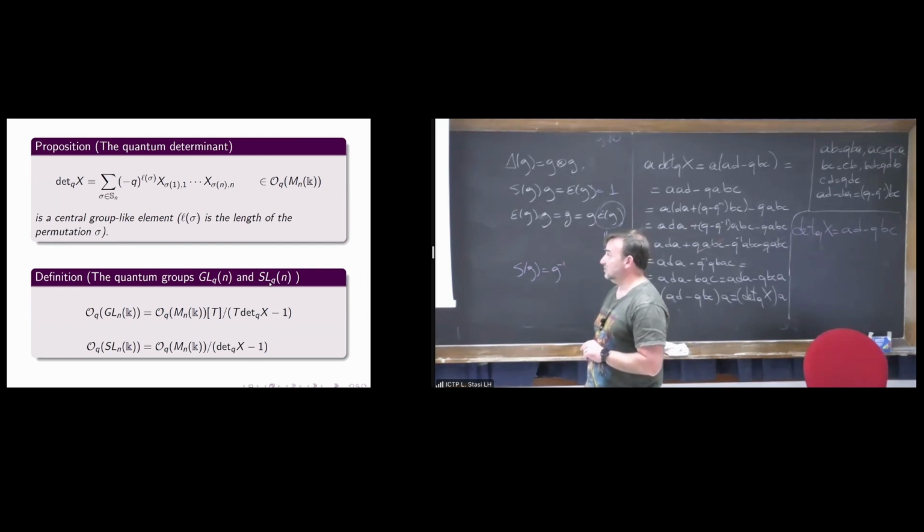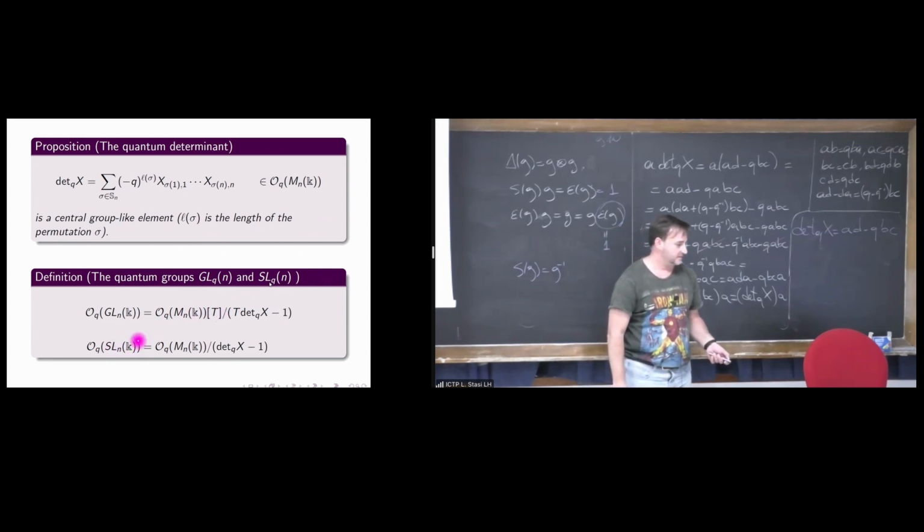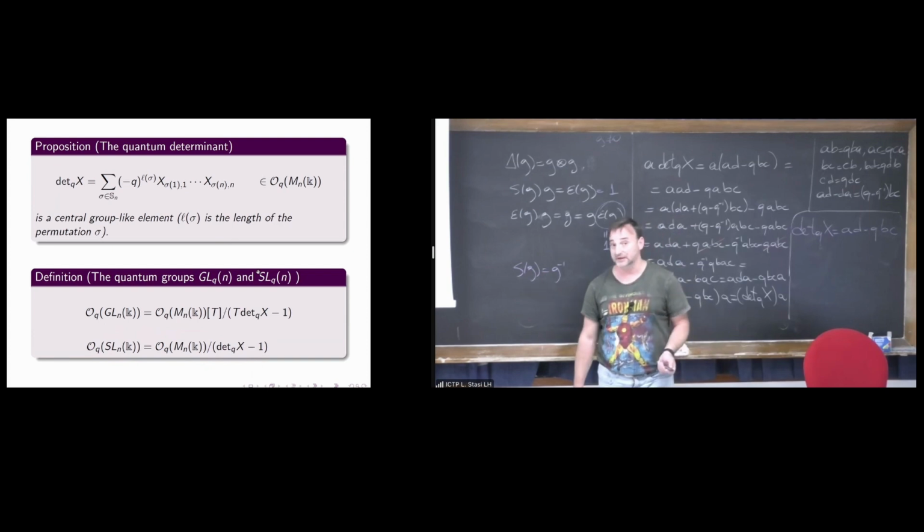So it works like the determinant, and so we quantize our definition for the quantum group SLN. What was the algebra of functions over SLN? It was the algebra of functions on matrices divided by the ideal generated by the determinant minus 1.